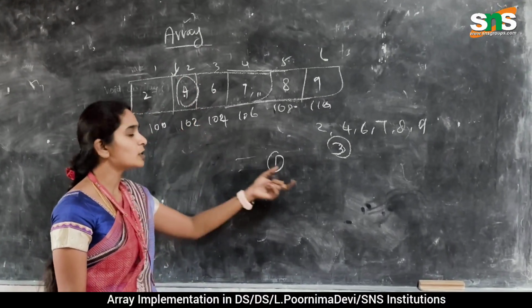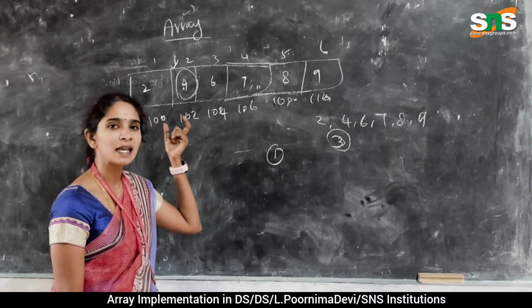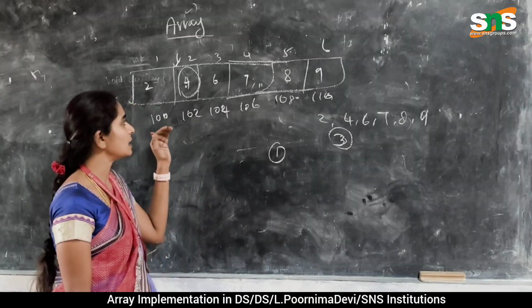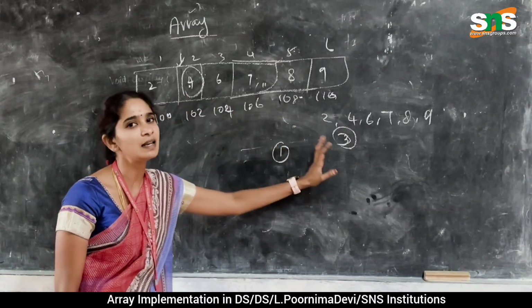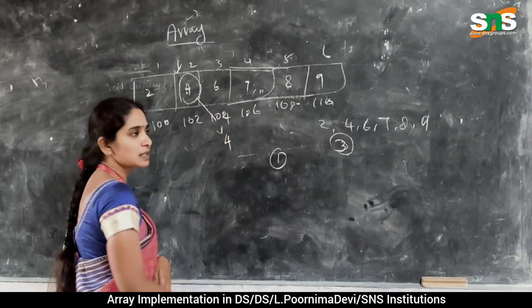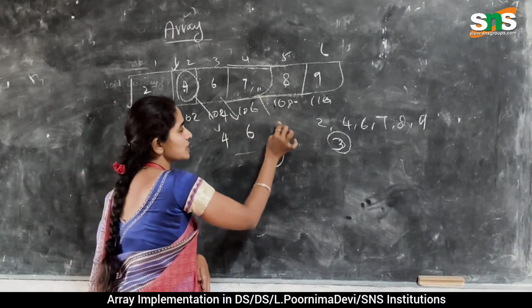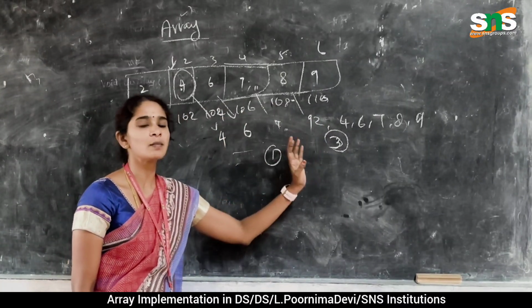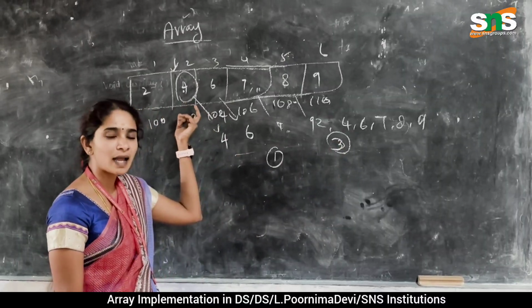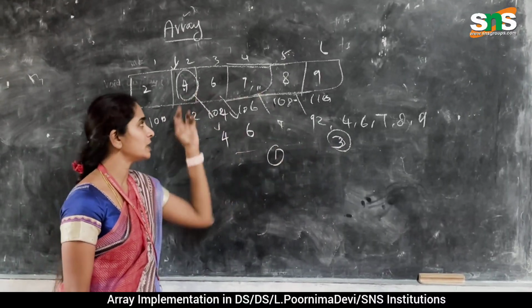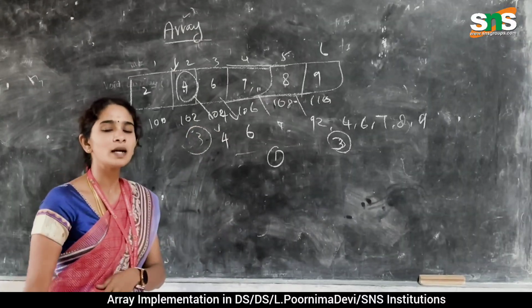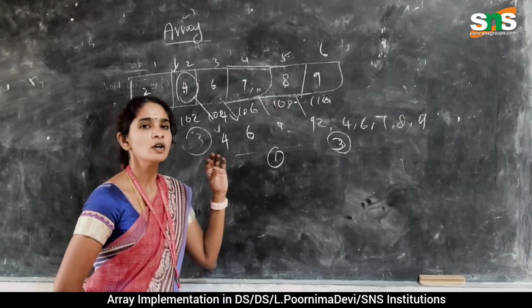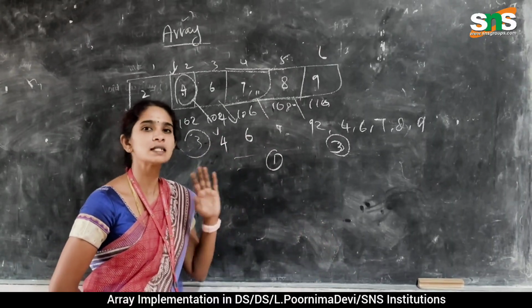To add the new element 3 in the second position, I need to empty that particular position. So I need to shift the remaining elements: 4 moves to the third position, 6 to the next position, then 7, then 9. I shift all the remaining elements to the next position, and then the second position is free, so I can insert the new element at that position. So this is the first problem: inserting in the middle means you need to shift all the elements.